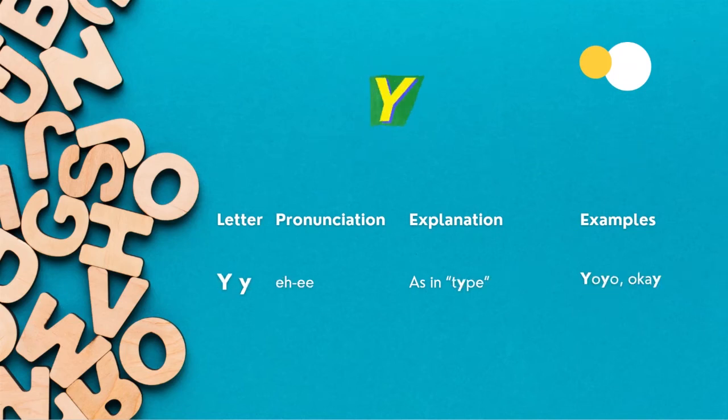Then we go to the Y. That is the I. The I is not so common in Dutch. You don't see it so much. In English you see it much more. In Dutch you see it not so often. So the pronunciation of that is the I. And the explanation as in type. Type. So other examples are yo-yo or okay.